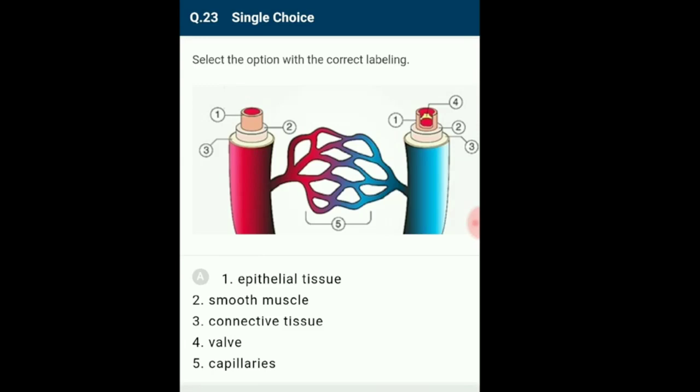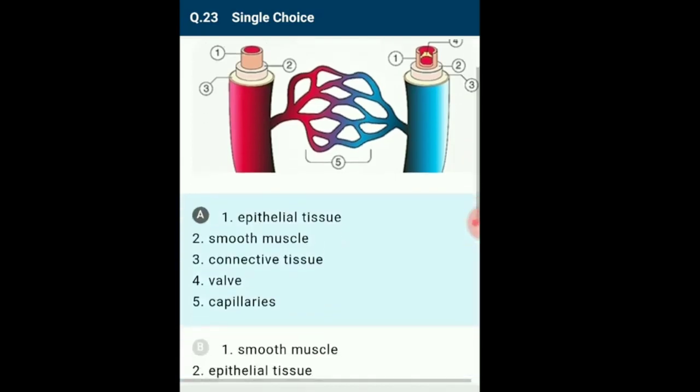Compared to arteries, veins are thin walled. So the correctly matching option is option A. One is labeled as epithelial tissue, second one is smooth muscle, third connective tissue, fourth valve, fifth one is labeled capillaries. So the correctly matching option is A.